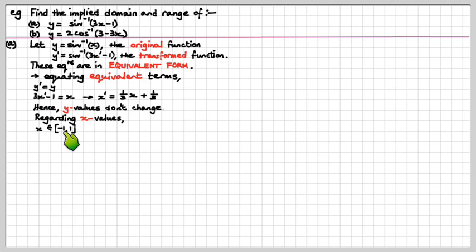Here are our original extreme points, at either end of the domain. Let's take each of those in turn. When x was minus 1, what would the key to everything tell us x dash becomes? It becomes a third. Oh no, it doesn't become a third, it becomes 0. That's right, I just got ahead of myself: minus a third plus a third equals 0. It's been hot today, my brain's a bit cooked.